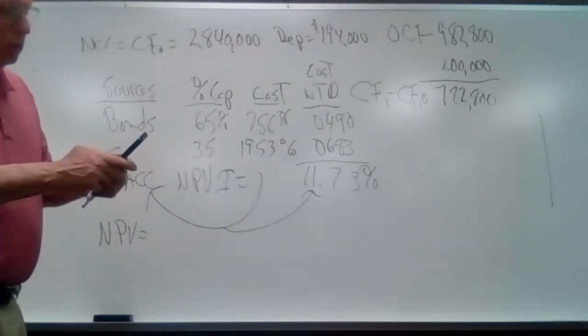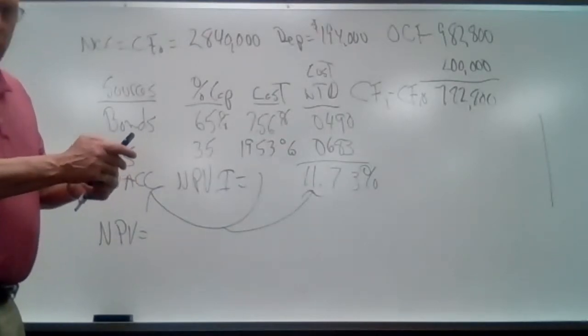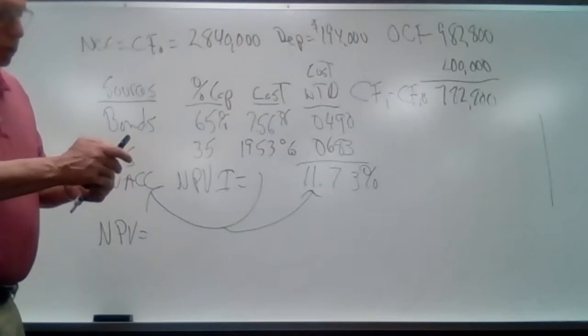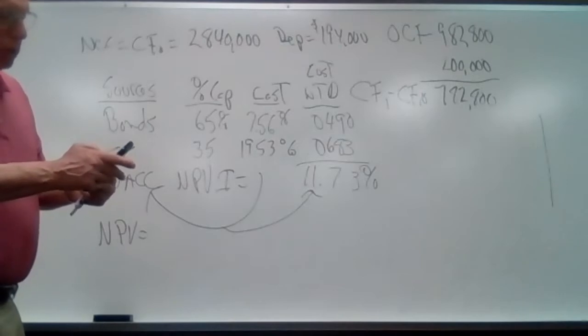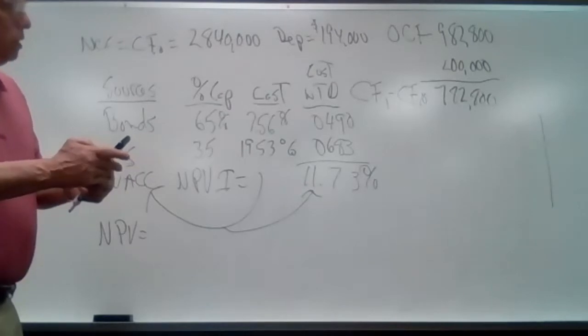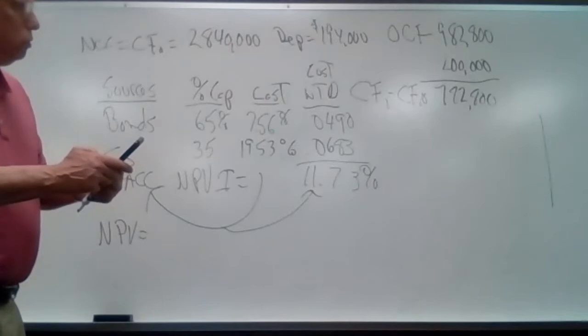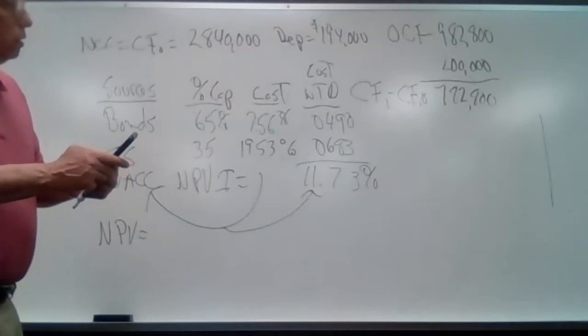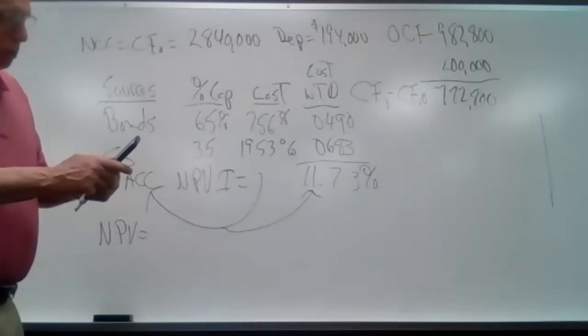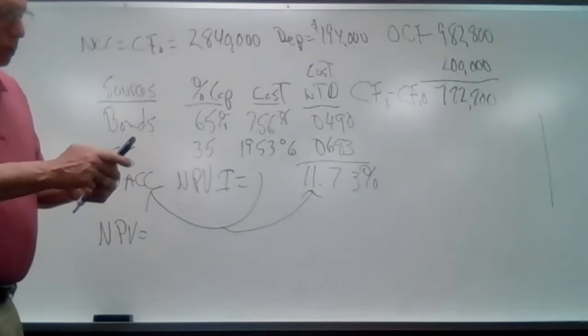2,840,000 plus minus. Enter, down arrow. 782,800. Enter, down arrow. That's 9. Enter, down arrow. C02 is 1,682,800.